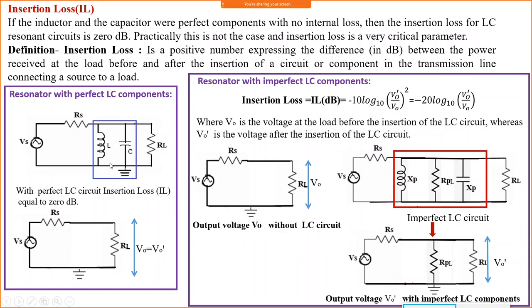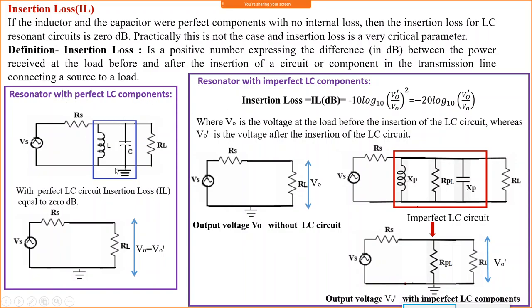Because of that resistance, there is a dissipation of power, and how much power dissipates depends upon the value of that resistance. How much power dissipates, that is the insertion loss we are calculating in this topic.